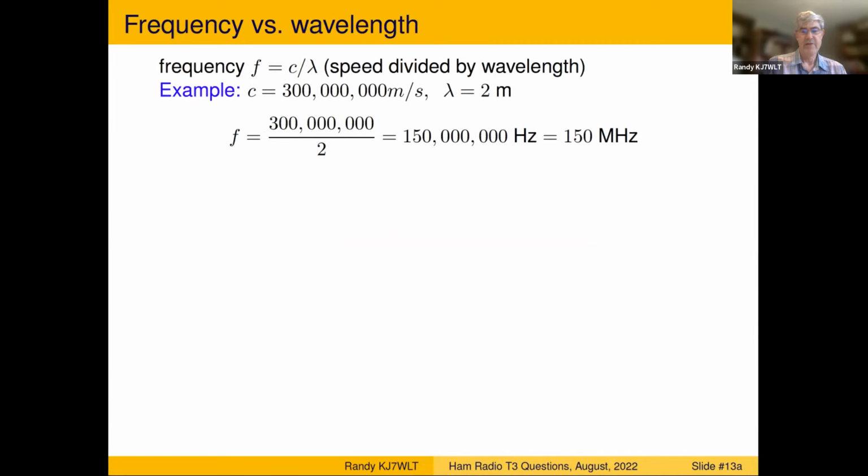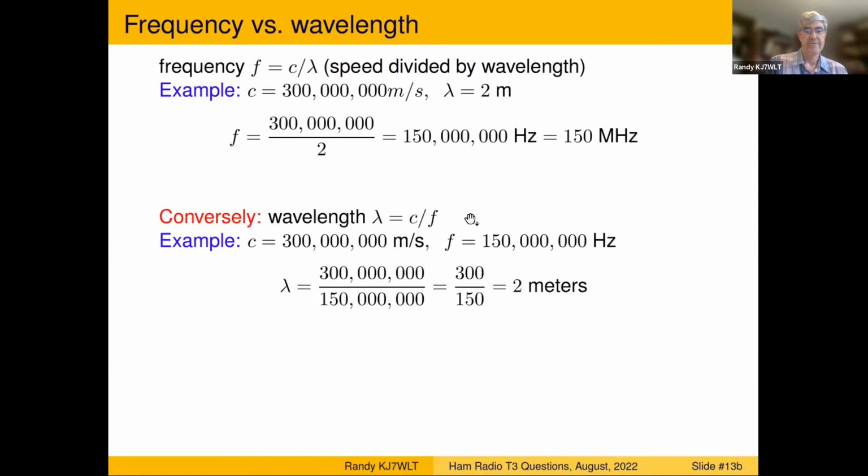But if, on the other hand, we knew we had a radio signal that was 150 megahertz and we wanted to calculate the wavelength, then we'd want to go backwards. We'd want to solve for lambda in terms of f, and c is always the same, the speed of light. If we manipulate this, we find that lambda is equal to c divided by f.